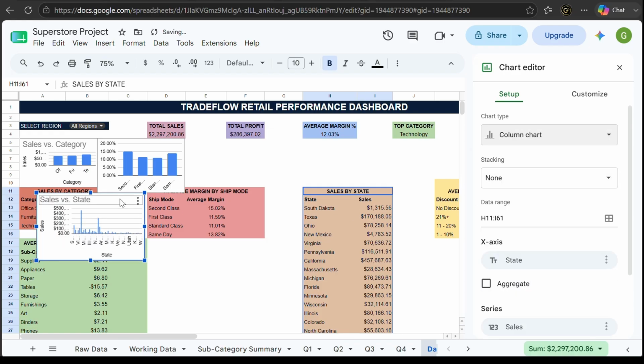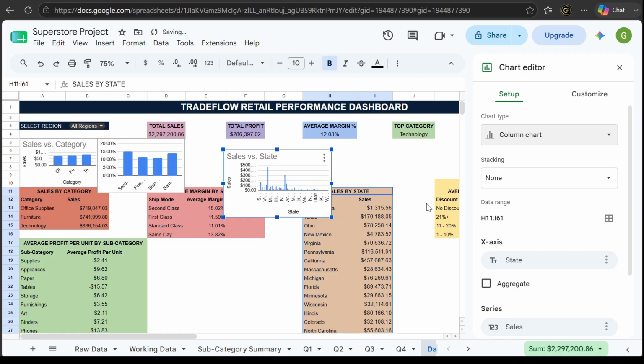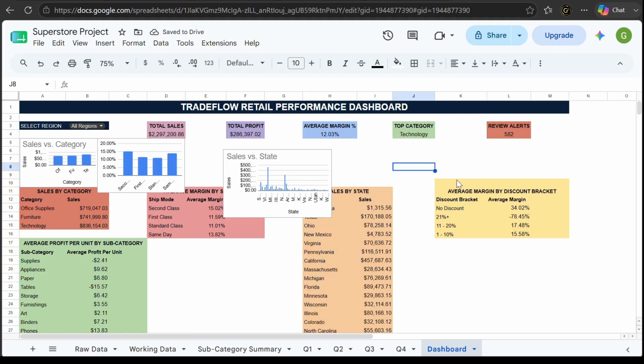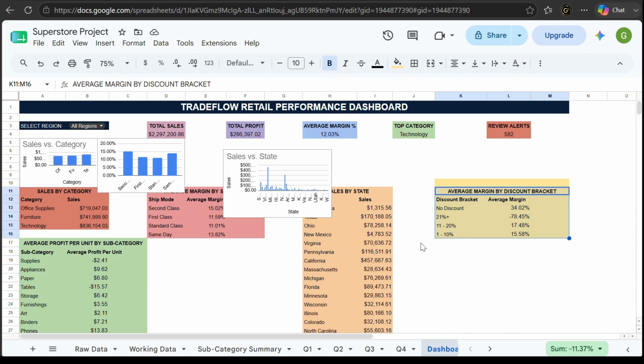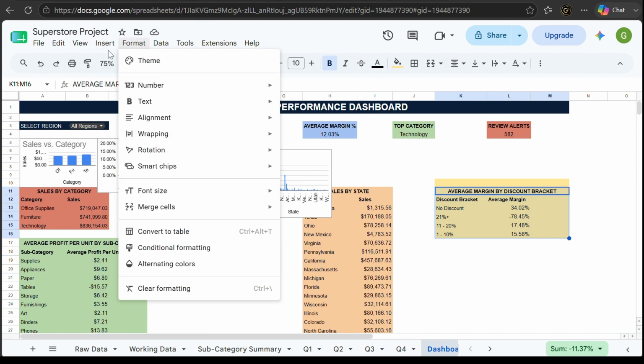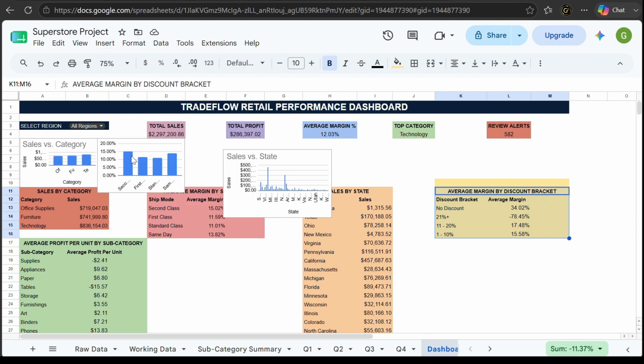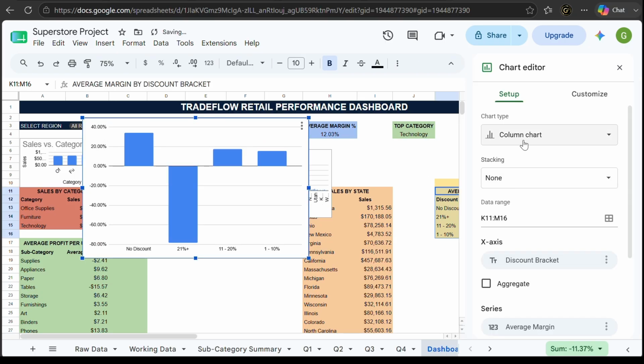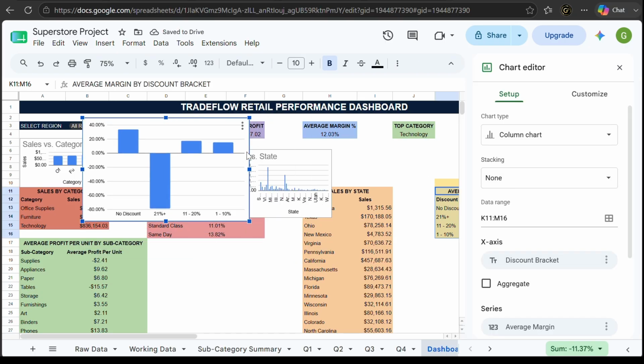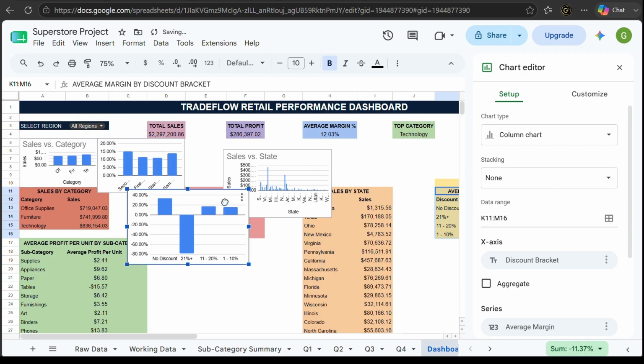Column chart is even better, much better for this. I'm going to do my arrangement anyway when it's necessary. Then I'm going to do my average margin by discount brackets. So I'm going to insert chart. Column chart does the job perfectly also.